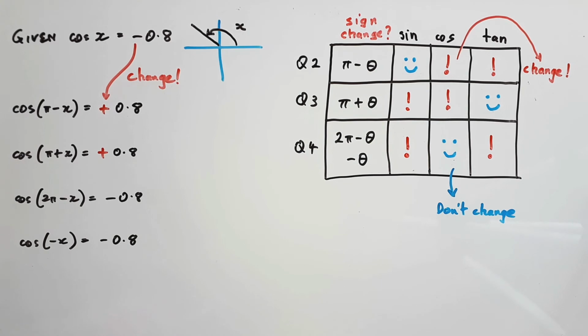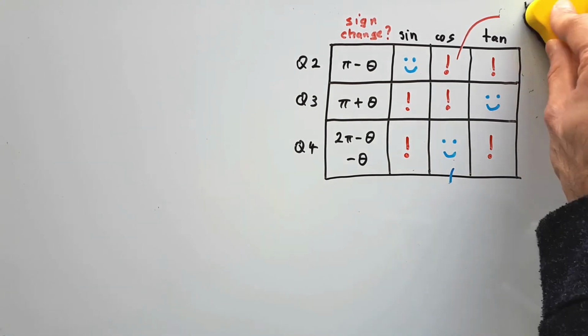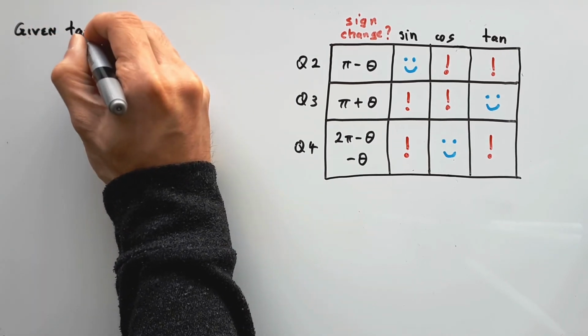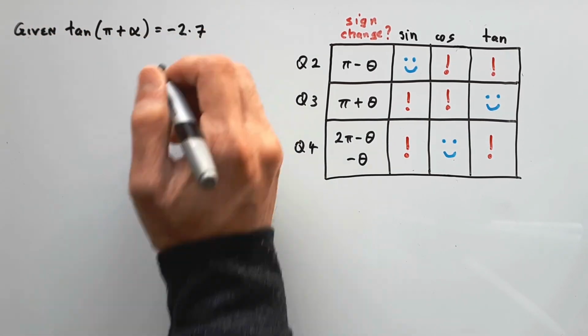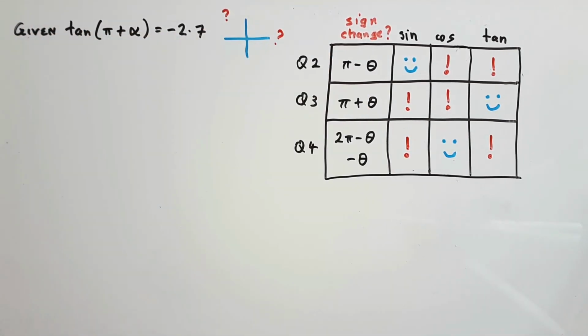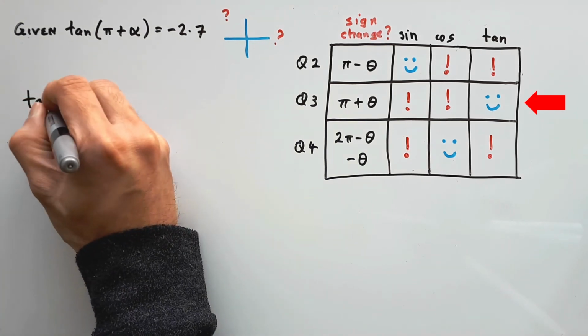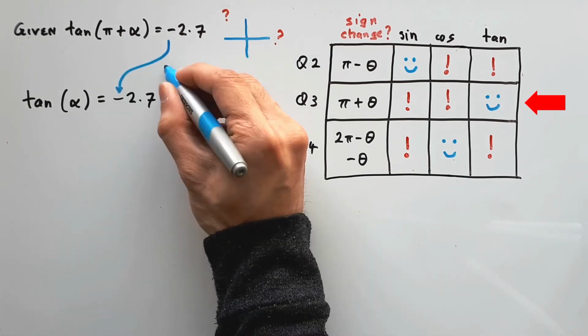Let's try this out for the last one, but with a slight twist to the question. Now we're given one of its symmetry equations as information, and we don't really know where alpha is. But don't think about maths anymore, just think about changing the sign or not. Looking at the table, we are not supposed to change anything for pi plus theta in relation to tangent. So tangent alpha should also be negative 2.7.